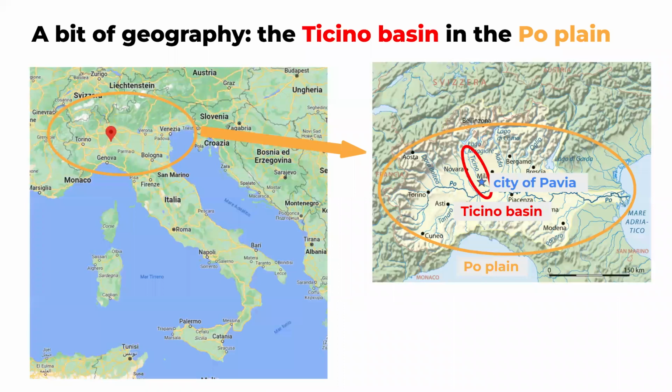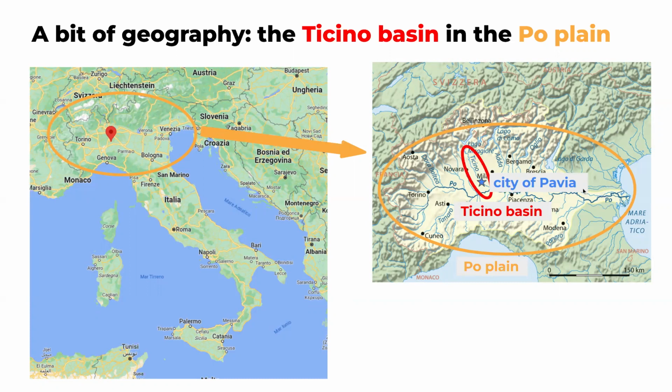So let's start with some geography. We're talking about northern Italy, and in particular the basin of the River Ticino. If you look on the right, in the zoomed area, the orange ellipse shows the northern Italy plains, the plains of the River Po, which flows from left to right here.